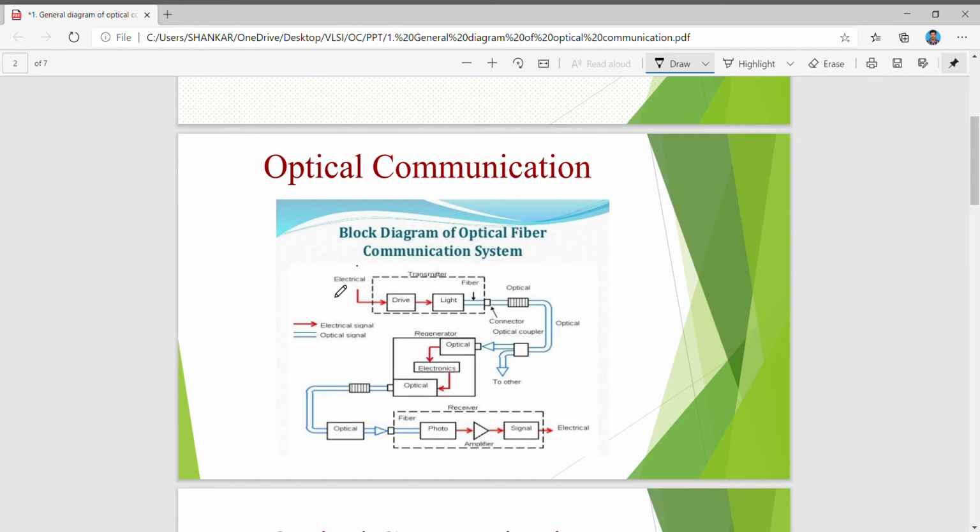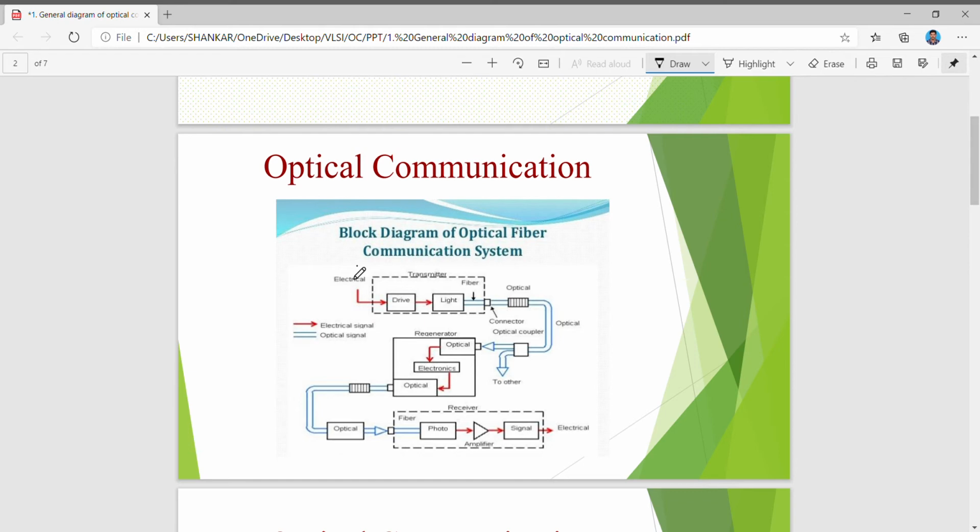Here we mention the input signal as an electrical signal, because in our electronic systems the signal is transmitted in the form of an electrical signal.